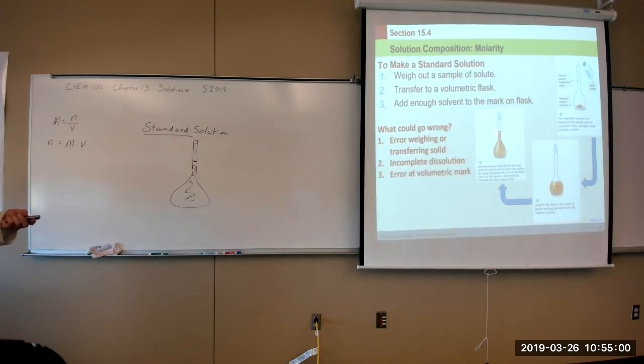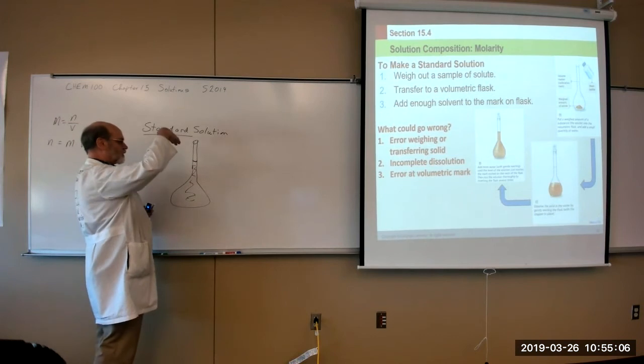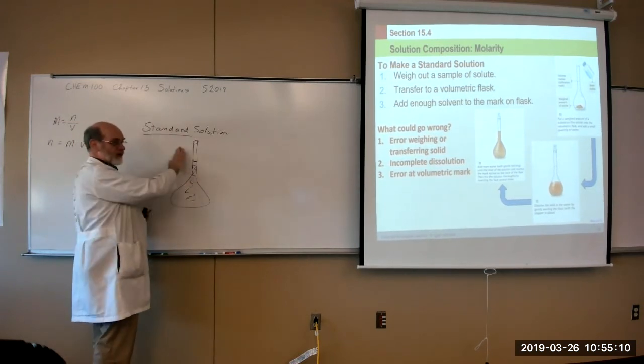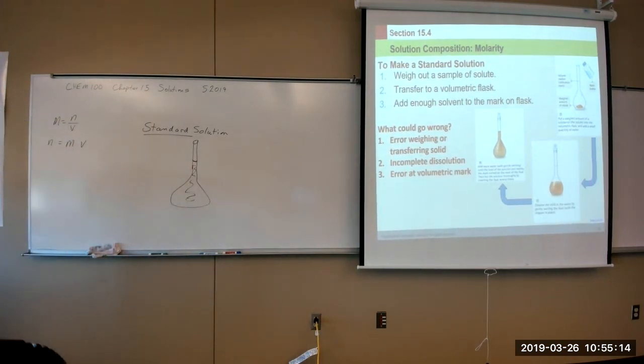You could misread the volume mark. What if you're looking up here like this, or like this at an angle? You're going to misread the position of that meniscus. You've got to have eye level.